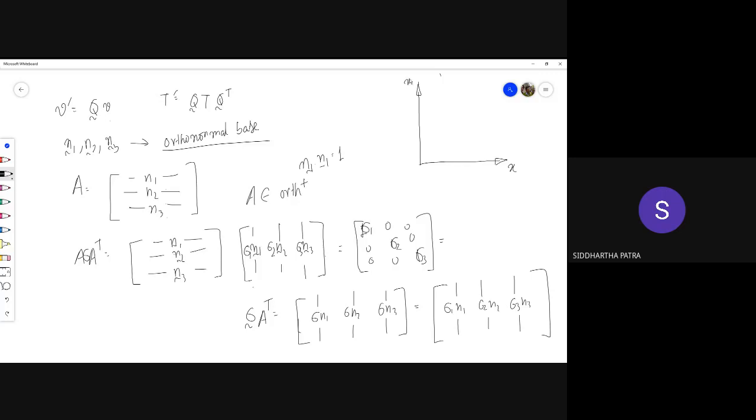Imagine this is our xy coordinate system, and this is x prime y prime coordinate system.